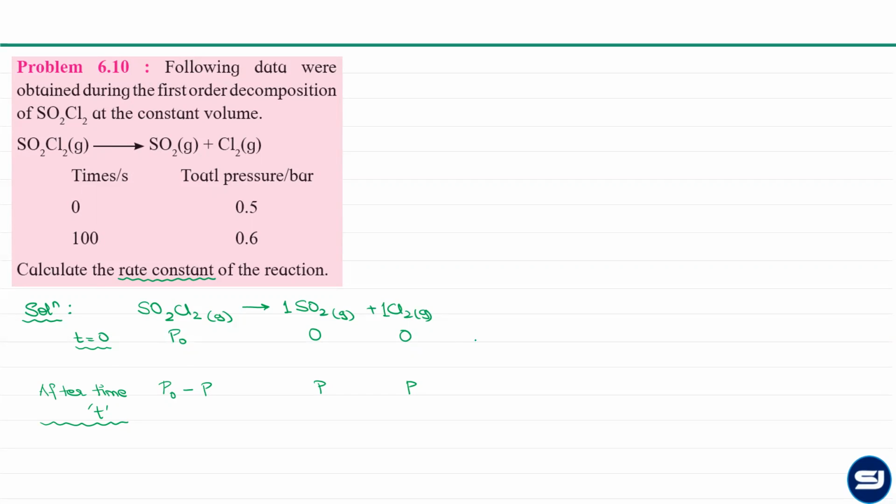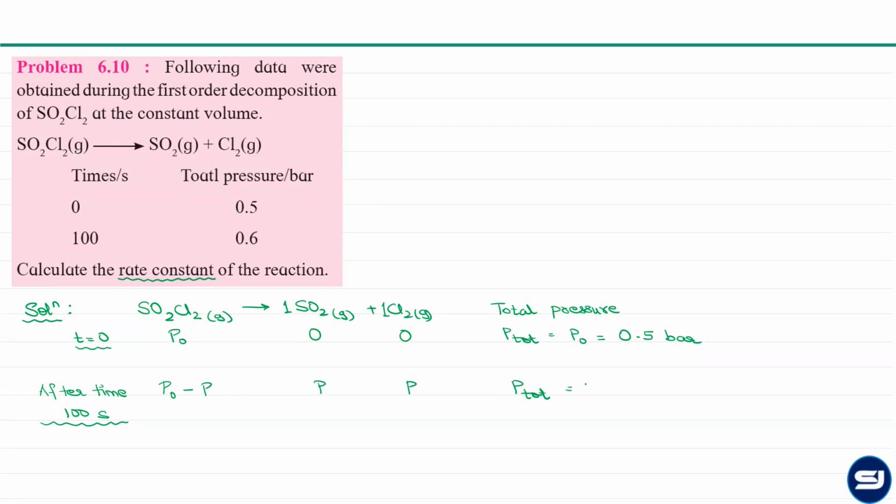अब Yes, sir. time t equal to 0 पे total pressure कितना है? Total is sum of all the partial pressure. Yes, sir. कितना है? Time t equal to 0 पे. So P naught, which is it's given, right? 0.5. Yes. मतलब P naught की value I can get directly 0.5 bar. Yes, sir. And after time t, यानी after time of 100 seconds जो उन्होंने दिया है, total pressure मतलब तीनों का ऐड करेंगे. हाँ. कितना आ रहा है?